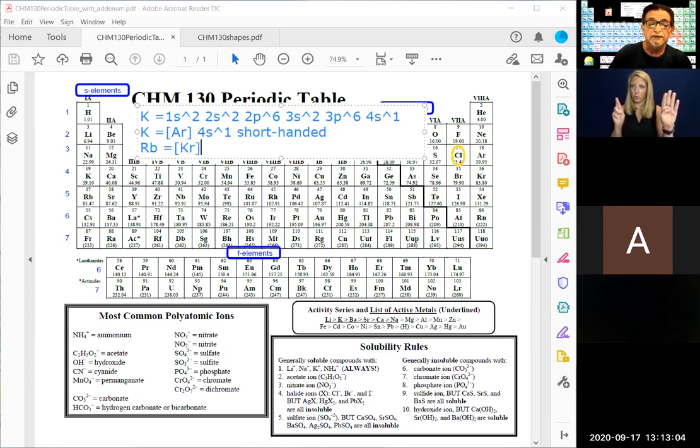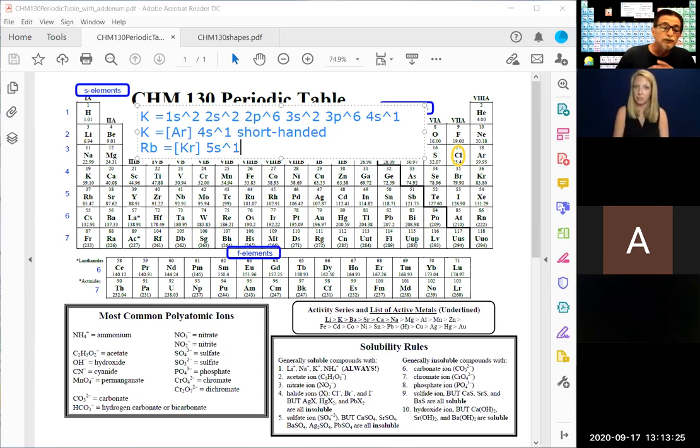Don't forget the brackets. Rb is in the fifth period, correct? So that's 5, and it's in the first column, 5s superscript 1. So that will be the shorthand configuration for Rb.